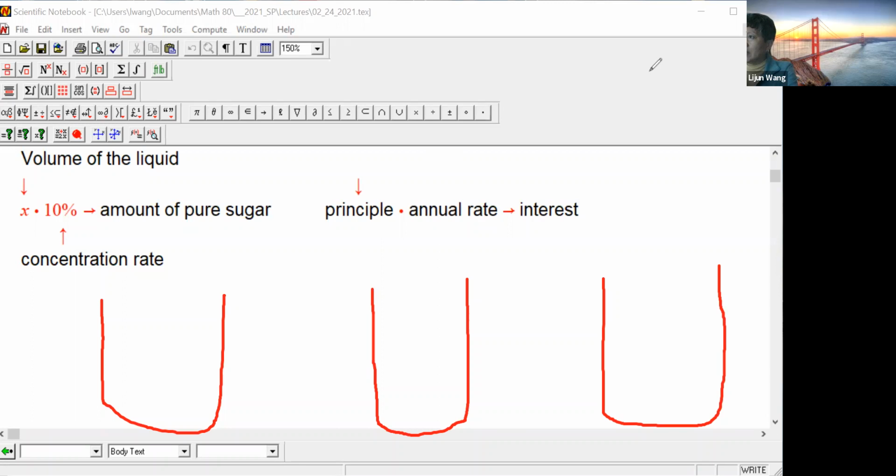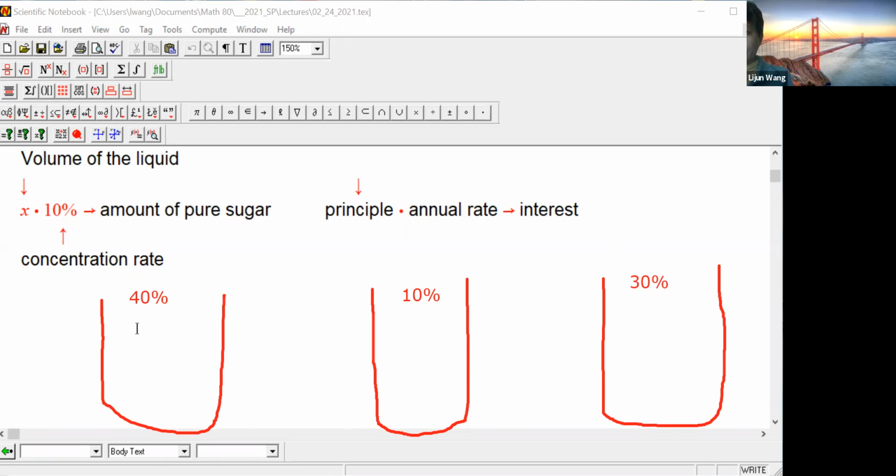This one is going to hold my 40% juice, this one is going to hold my 10% juice, and this one is going to hold my 30% juice. And I know I'm going to mix these two together.